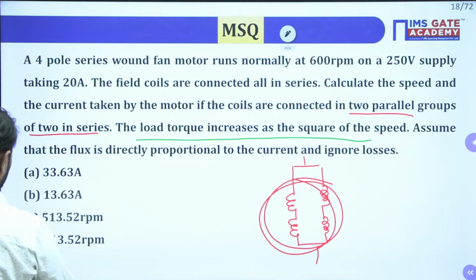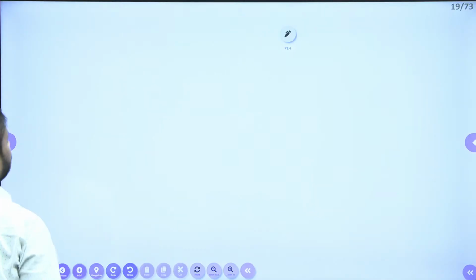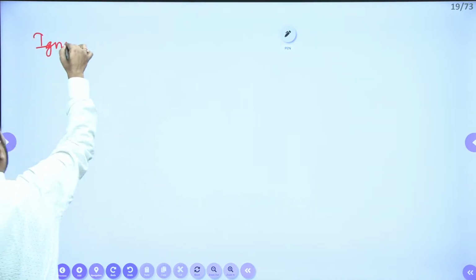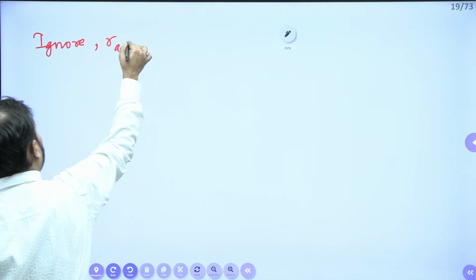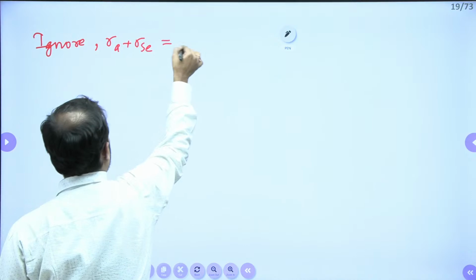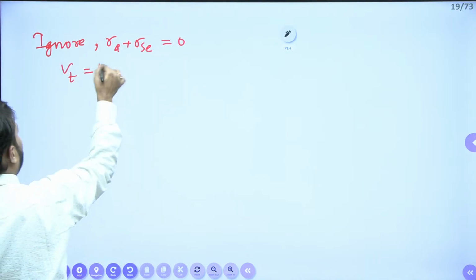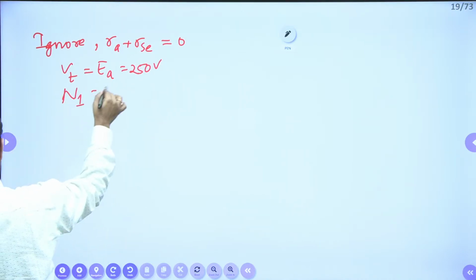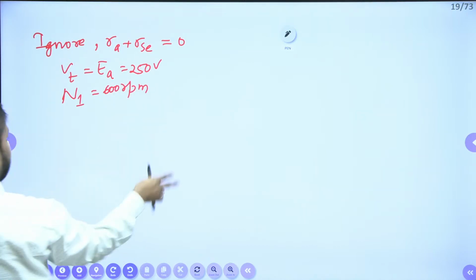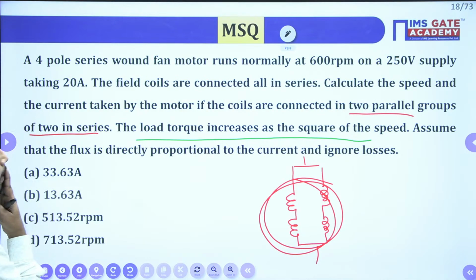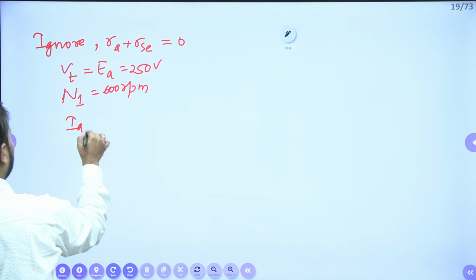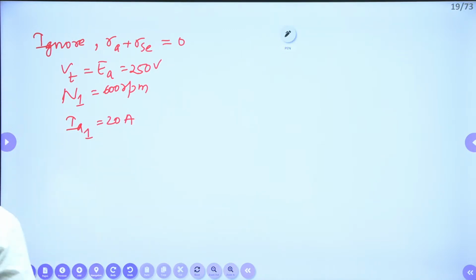So let me add a page over here. Ignore RA plus RAC. This is equal to 0. So this implies VT becomes EA, which is 250 volt. This is given in the question. And N1 is given as 600 RPM, that is given. And IA1 is 20 ampere. And VT is already written. All right.